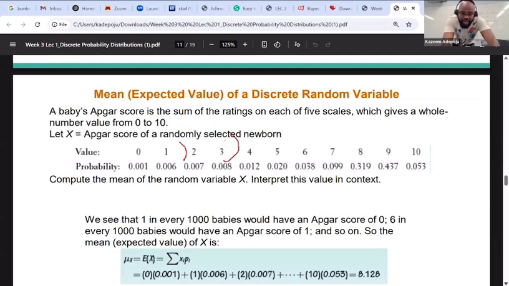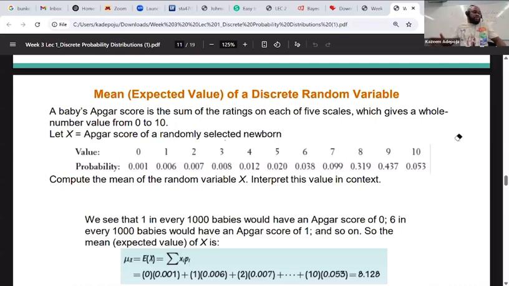Now I want to go into an example, and I need you to pay attention. A baby's Apgar score is the sum of the rating on each of 5 scales, which gives a whole number valued from 0 to 10.